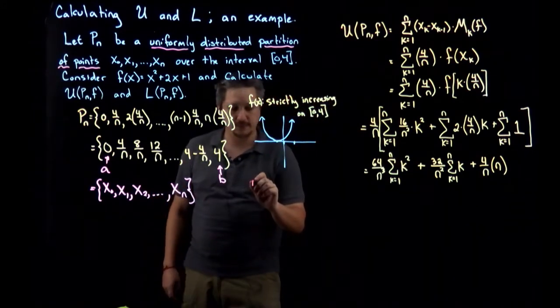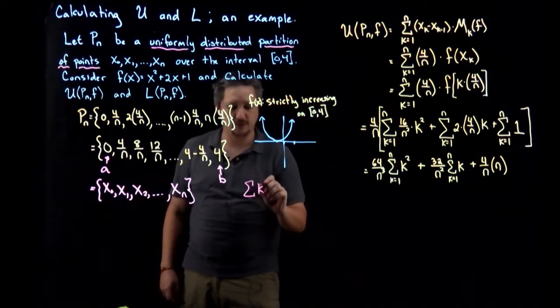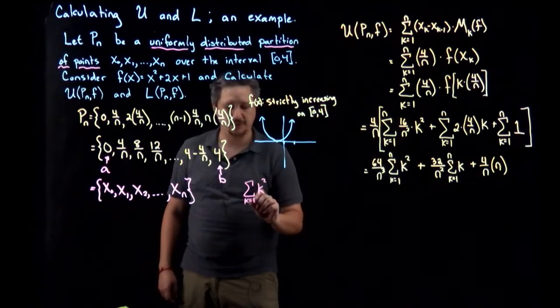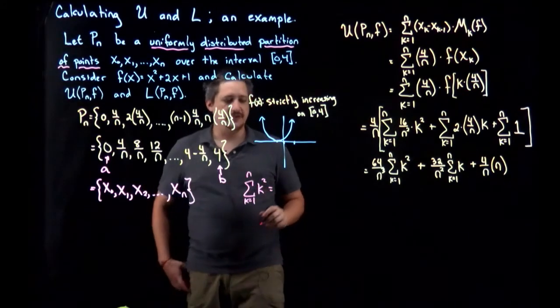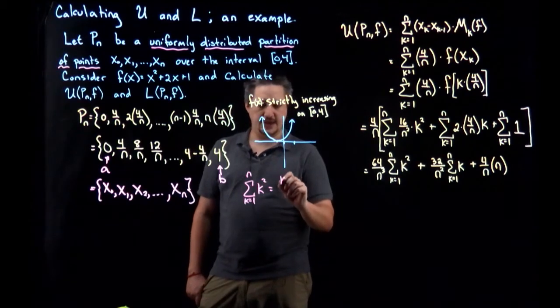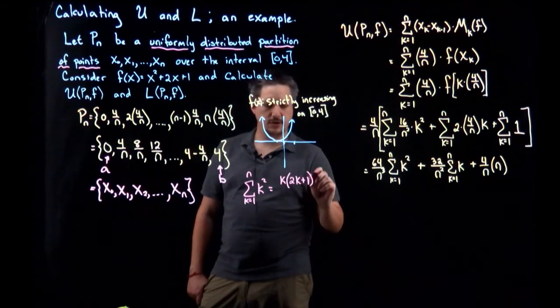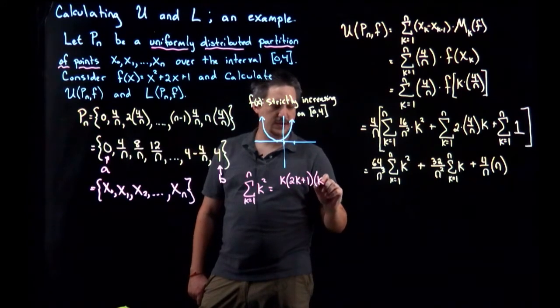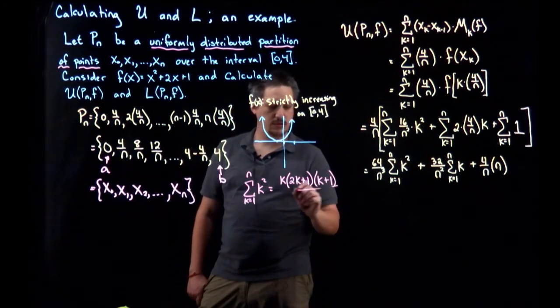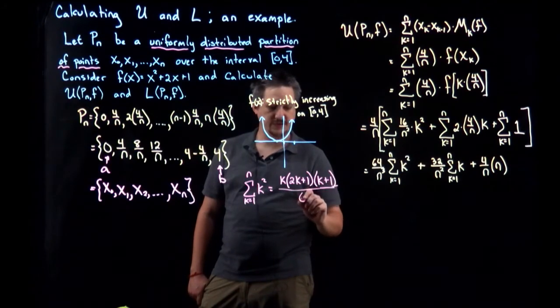So the sum for k squared, k equals 1 to n, is going to be k times 2k plus 1 times k plus 1 all over 6.